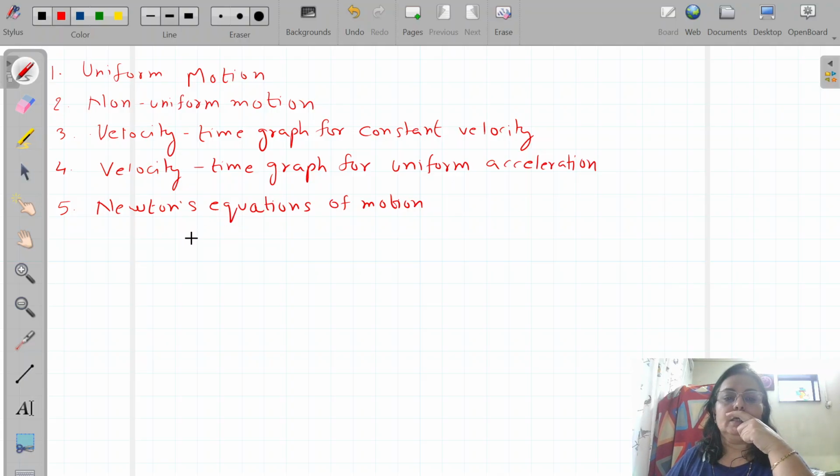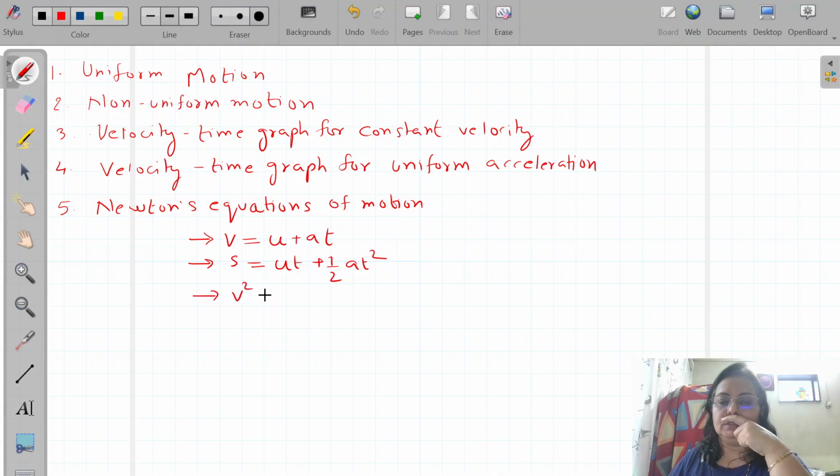There are three equations of motion given by Newton. V is equal to U plus AT. S is equal to UT plus half AT square. And V square is equal to U square plus 2AS. So this is how we are going to cover today's session.